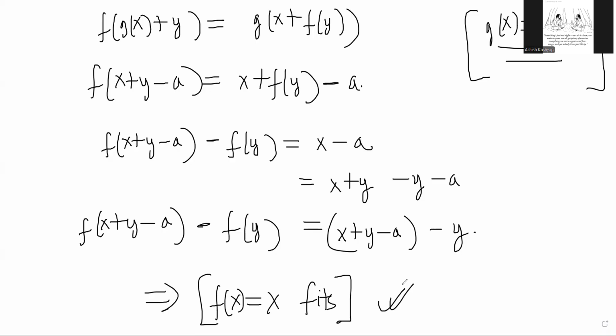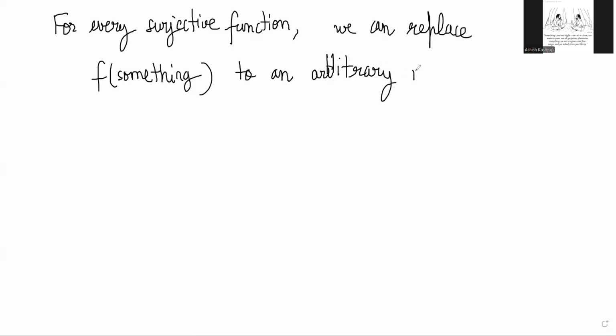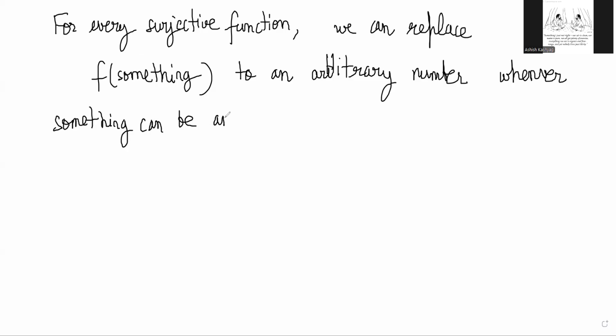So this solution also teaches you one important thing, to show for every surjective function, we can replace f of something to an arbitrary number, whenever something can be any member of the codomain.